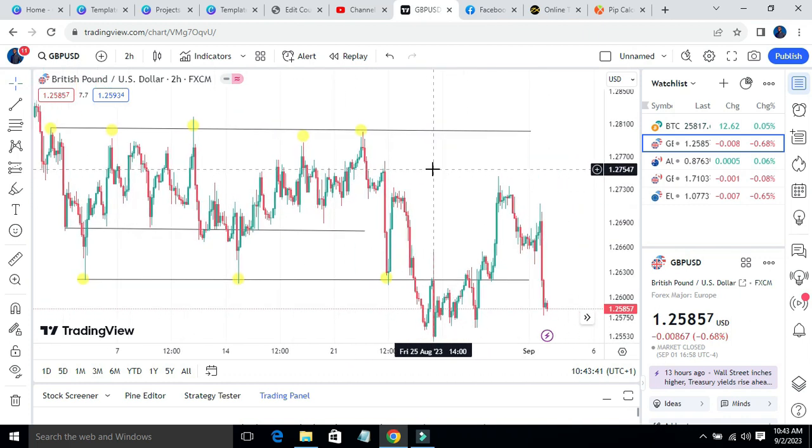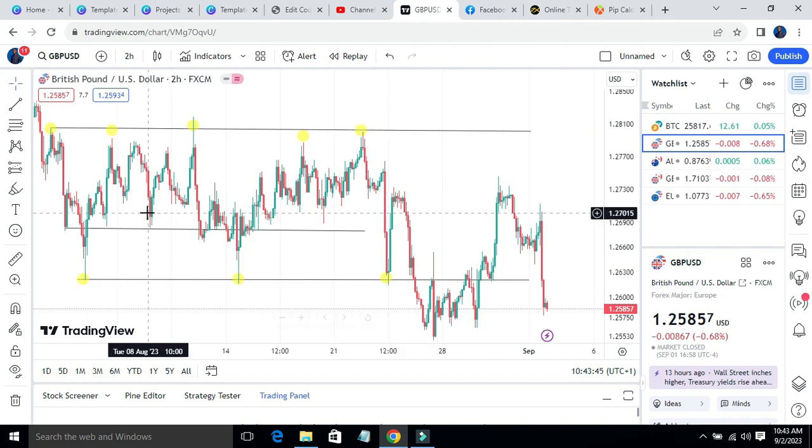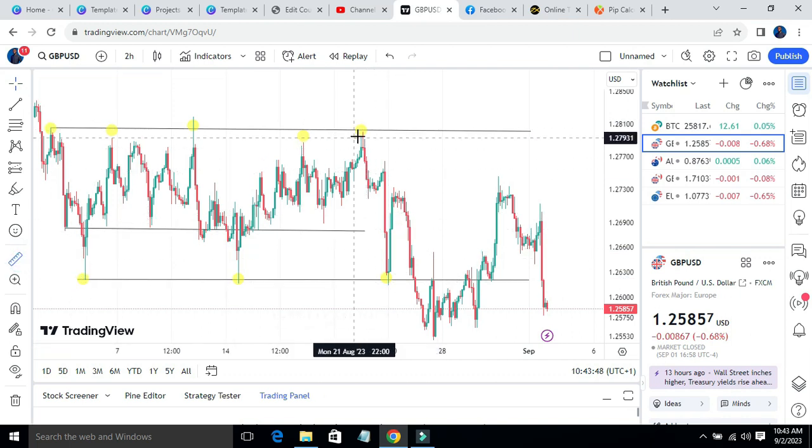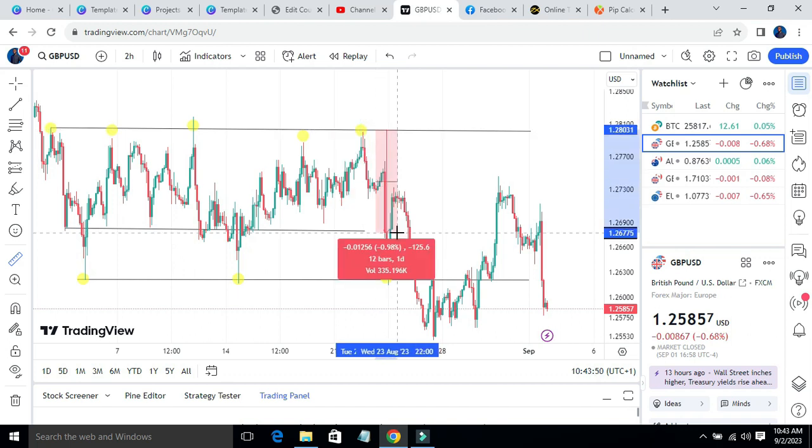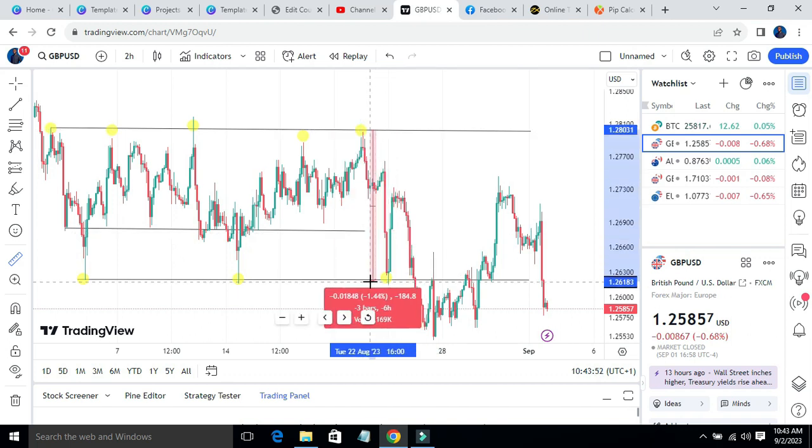All right, so let's see how much one could have made if it sold from here down here. All right, so if you have sold from somewhere here down, this is how much you could have made. That is 184 pips.